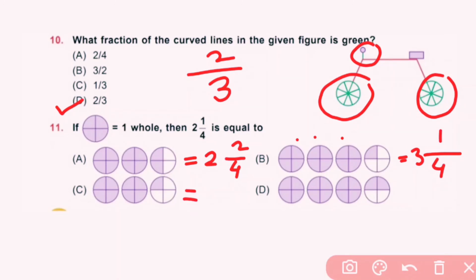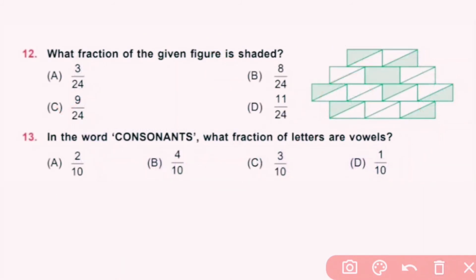In option C, there are 2 full circles and out of 4 equal parts, 1 part is shaded. And in option D, there are 3 full circles and out of 4 equal parts, 2 parts are shaded. So 2 and 1 by 4 is equal to option C. C is the correct answer.